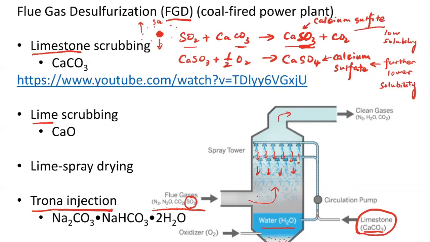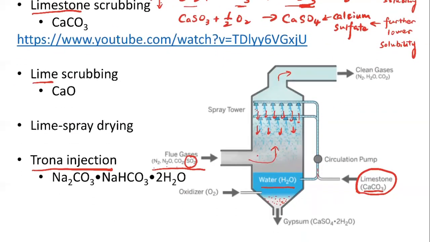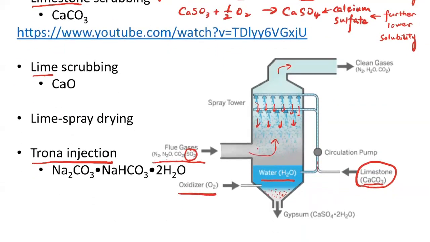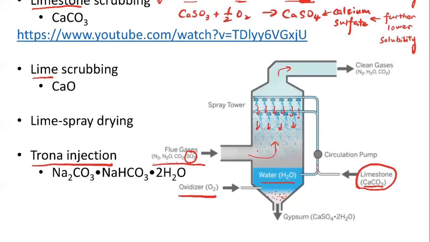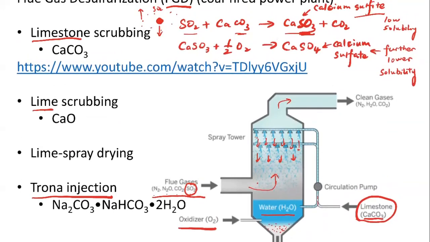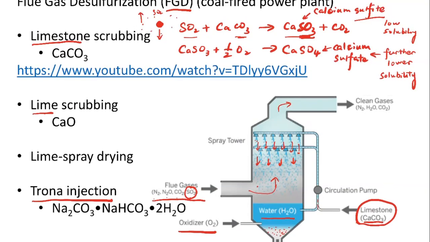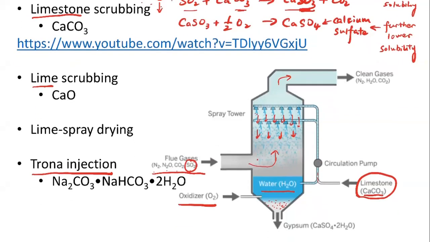Okay. So what this means is that we can further introduce oxygen to this reservoir here, right? And then let the calcium sulfide react to form calcium sulfate, which means that they are going to be more stable. And also, due to the further lower solubility, we can form more solids, right? So we can form the calcium sulfate here.